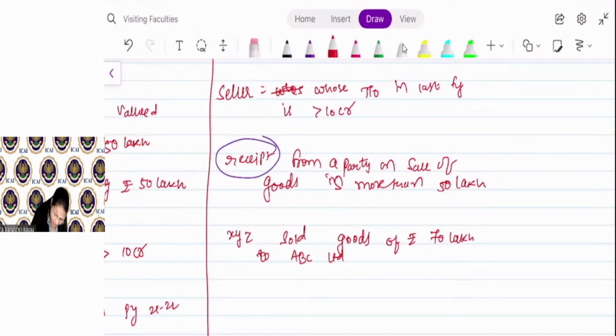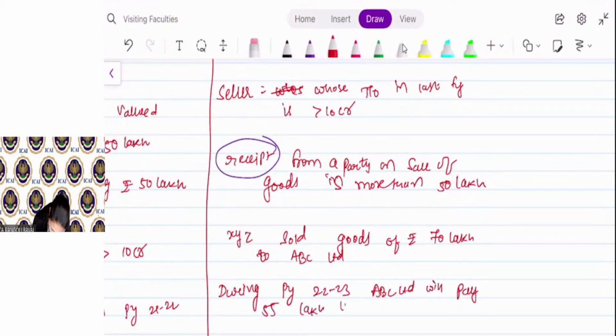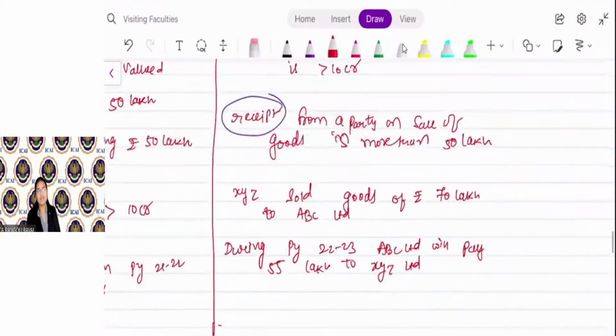Now say for example, during previous year 22-23, ABC Limited will pay 55 lakh to XYZ Limited. The payment is more than 50 lakh, yes or no? Yes. So on exceeding 50 lakh, that is on 5 lakh rupees, XYZ Limited has to collect 0.1% TCS from ABC Limited.